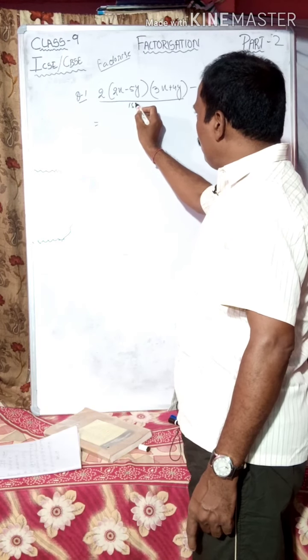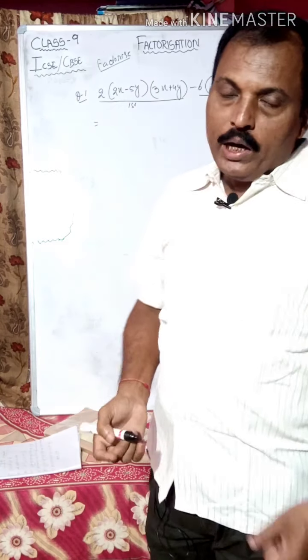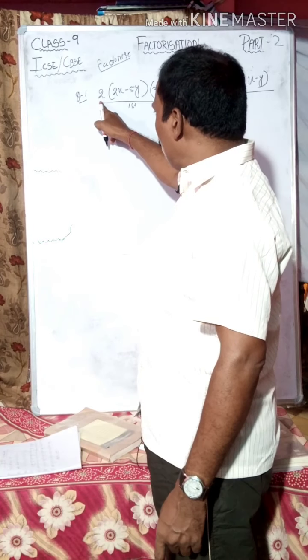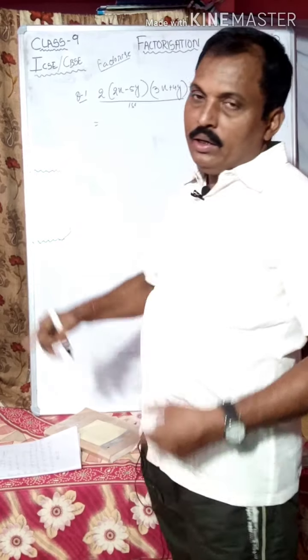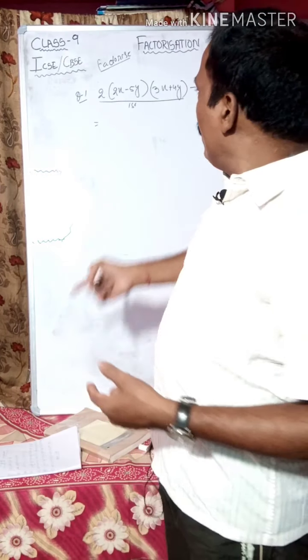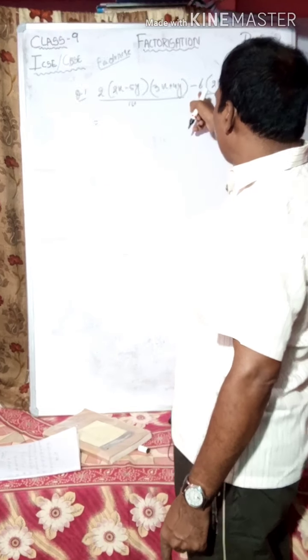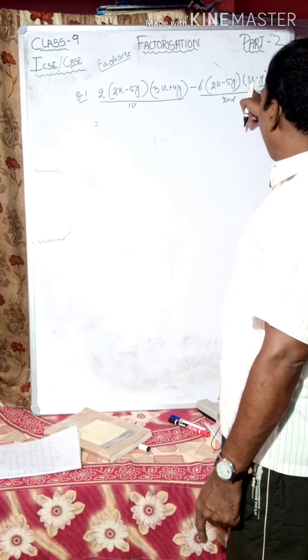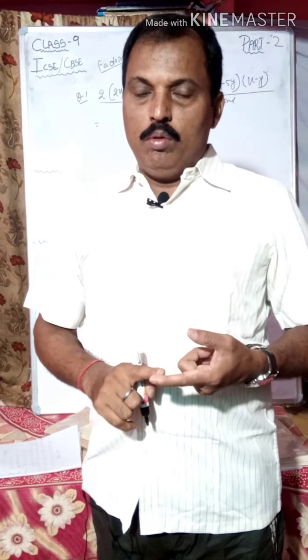The first term starts with 2 and ends here, and this is the second term. In the first term how many factors are there? There are 3 factors: 2 is the known factor, 2x minus 5y is the second factor, and 3x plus 4y is the third factor. Here 6 is a factor, 2x minus 5y is a factor, and x minus y is a factor.